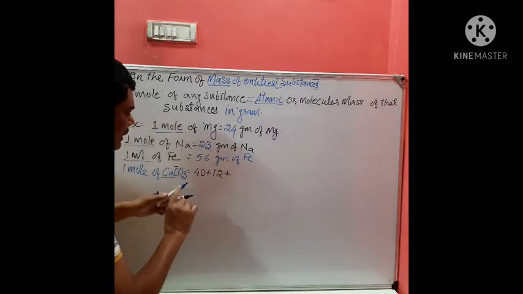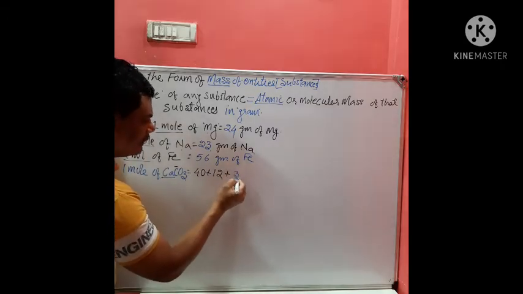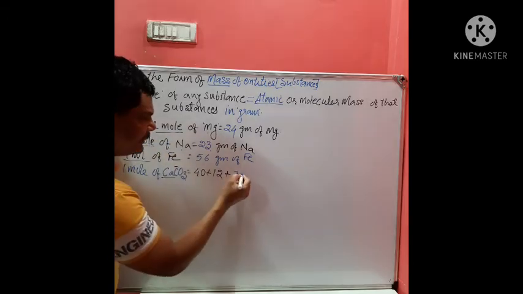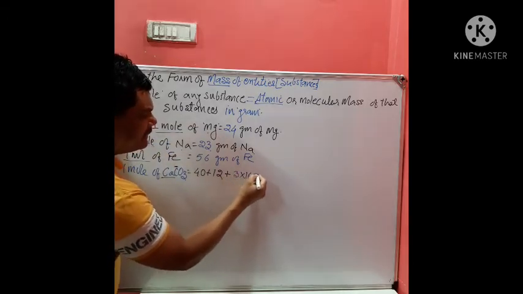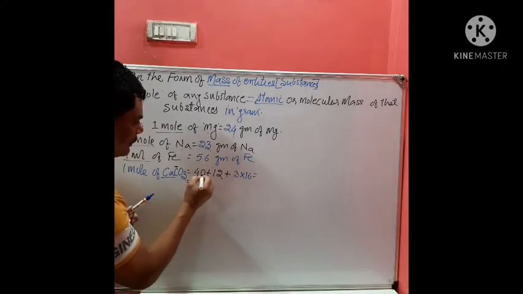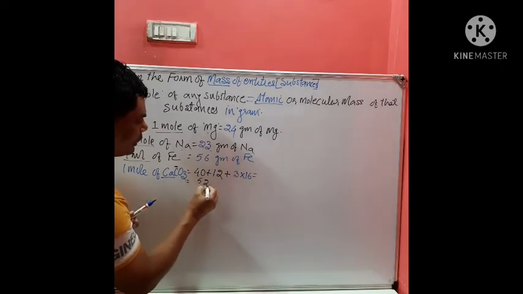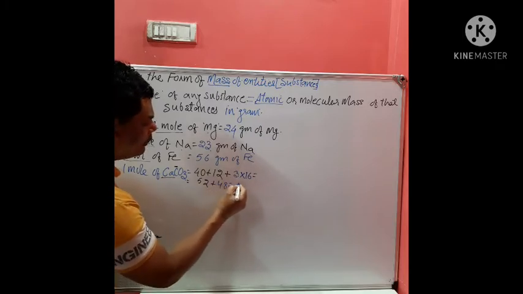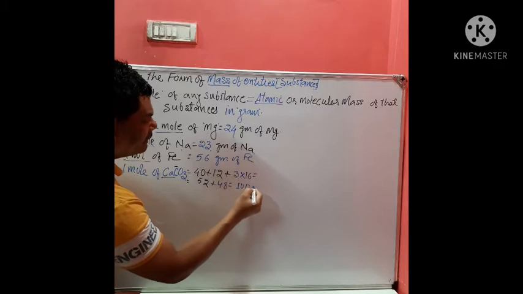That means 3 into the atomic mass of 1 atom, whose atomic mass is 16. So 3 into 16. So overall it becomes 40 plus 12 plus 48, which is equal to 100 gram.